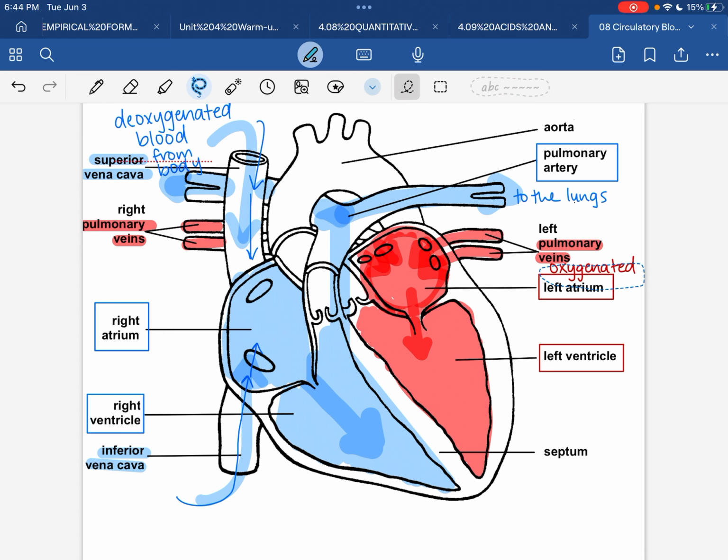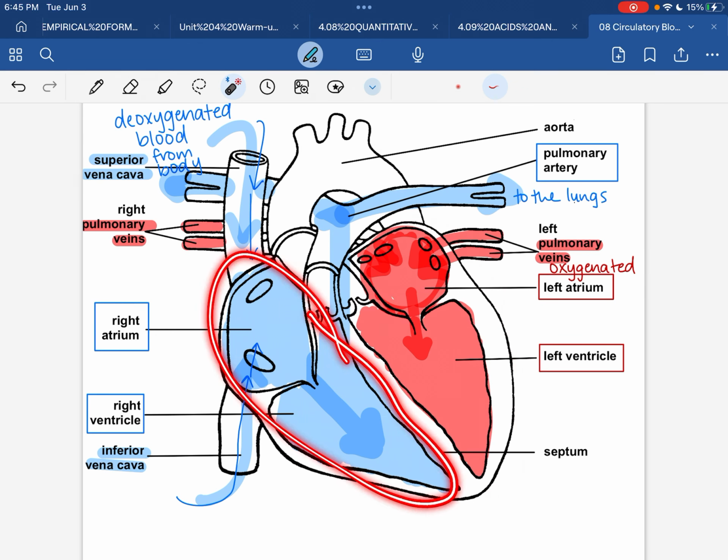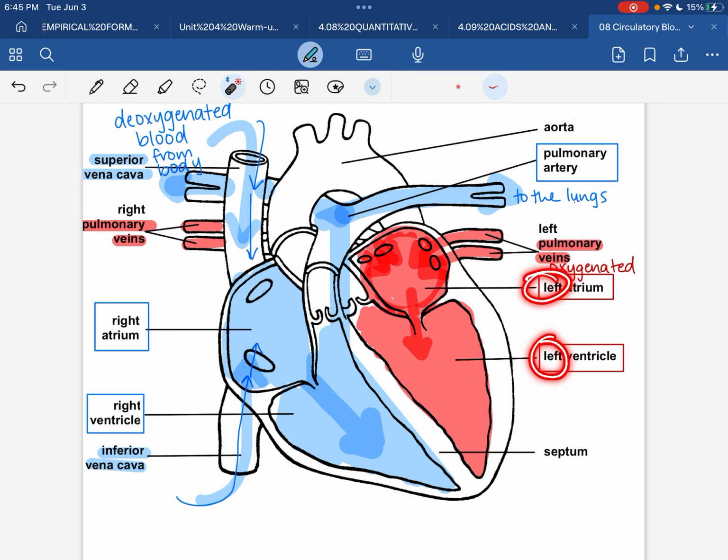So I'm going to put that up here. So on the right side of our diagram, over here is oxygenated blood. On the left side of our diagram here, we have deoxygenated blood. I say right and left, but it's actually the left side, right? That's oxygenated. And then the right side is deoxygenated.